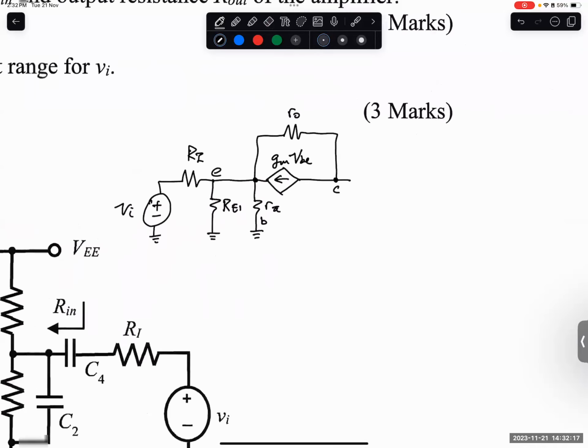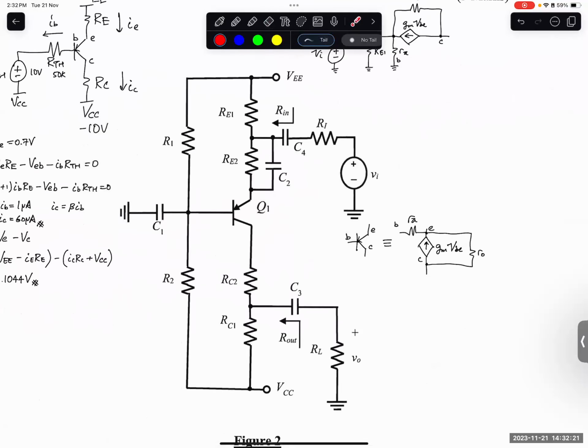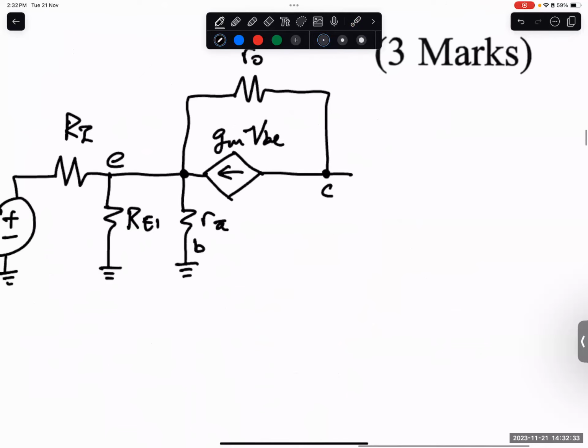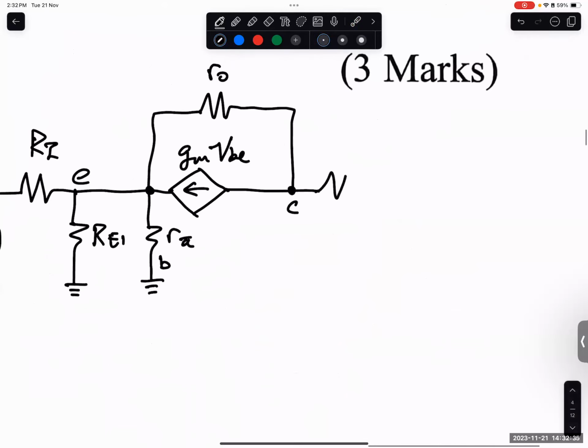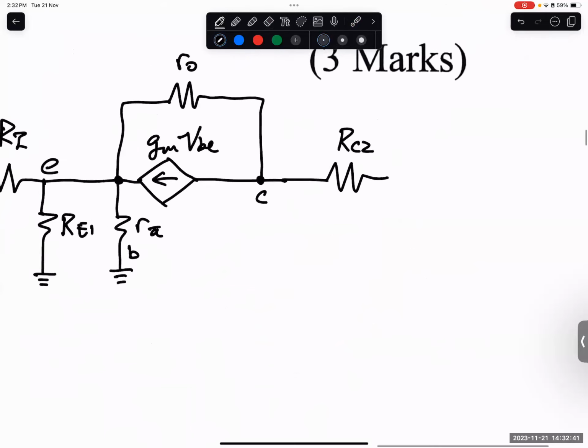At the collector side, what do we see? This is the collector. We see RC2, and then we see these two in parallel. So we see RC2 first in series, and in parallel RC1 and RL.